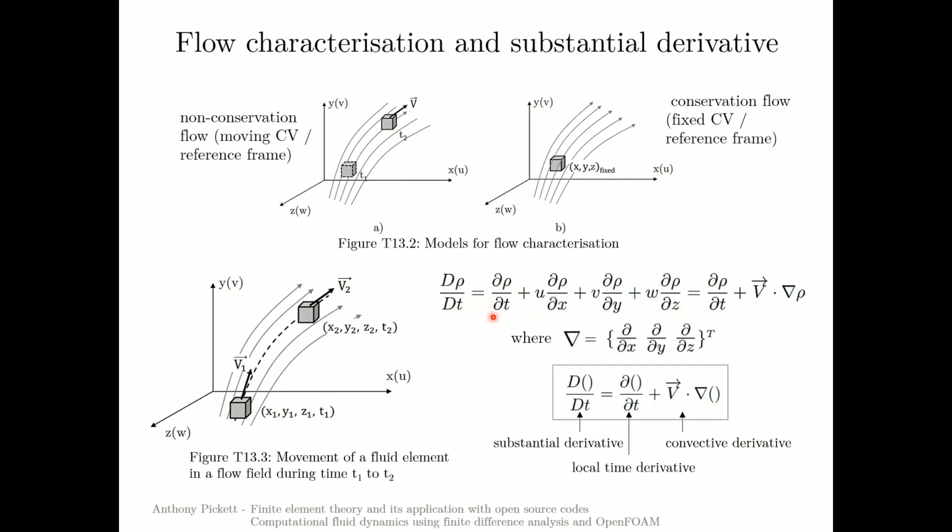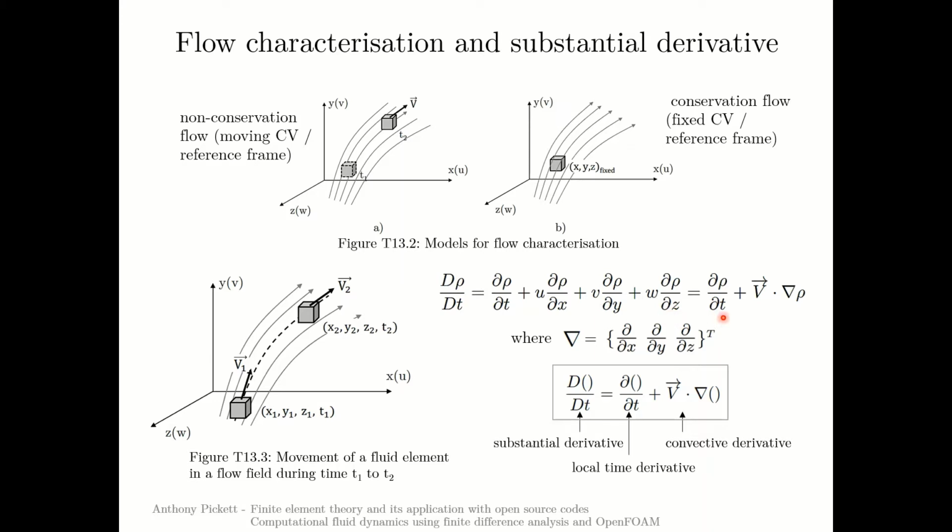The local derivative may be due to, for example, the constitutive law being used, and these will be due to the movements that are taking place. In this particular case, it will be the velocity in the x direction times the change in density with respect to x, and you have similar terms for the y and z directions.